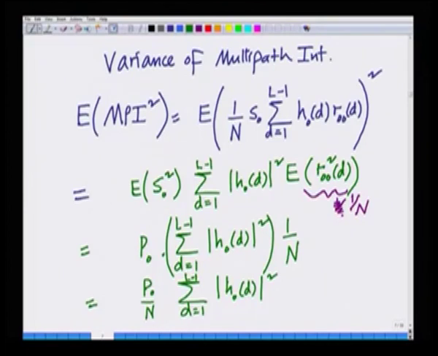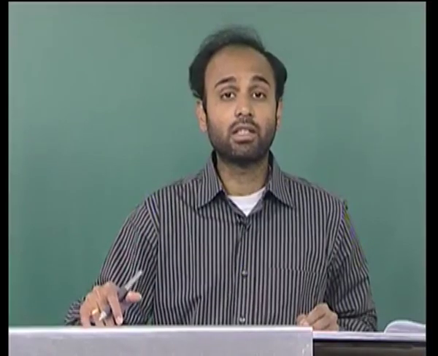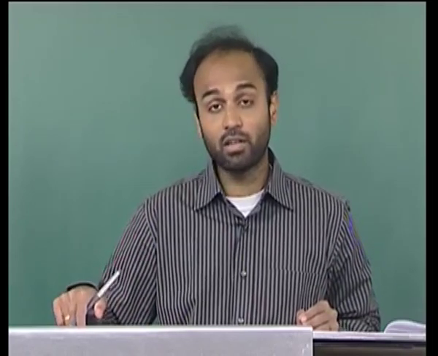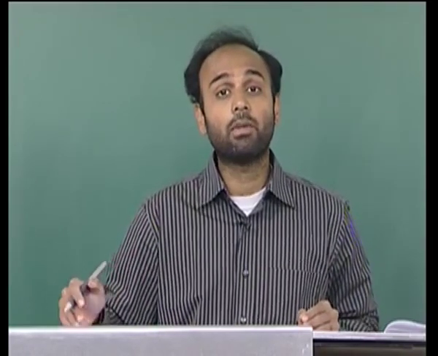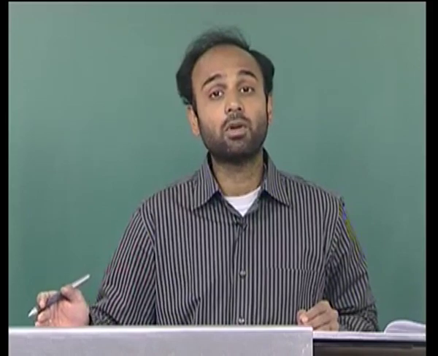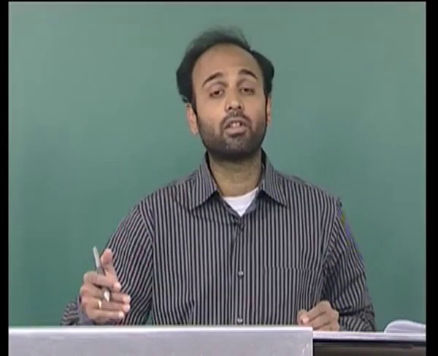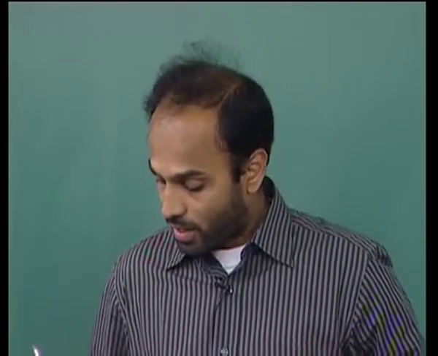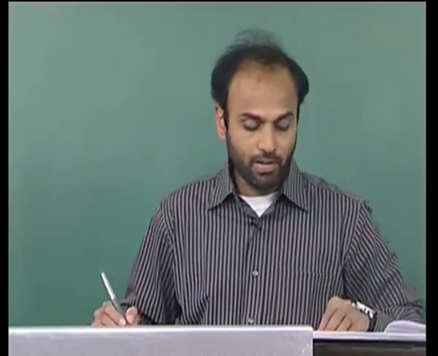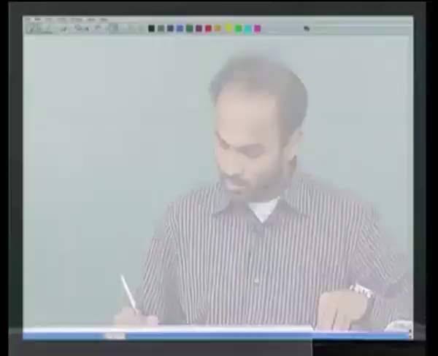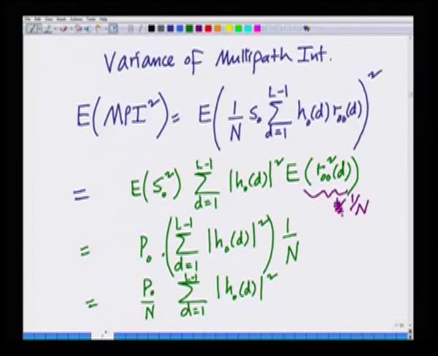Alright, so this is the expression for the power in the multipath interference corresponding to the L minus 1 interfering components that interfere with the component corresponding to the path 0, that is the path with delay 0. Just to simplify this a little more analytically, this contains all the L minus 1 components. To make it symmetrical, I will also add the 0th component and subtract the 0th component.